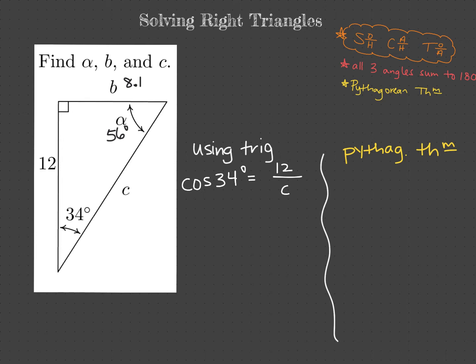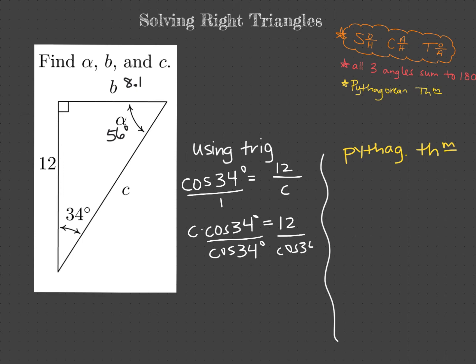Now in this case, we are solving for C and the variable is in the denominator. So once again, I'm going to put the cosine of 34 over 1, and I'm going to cross multiply. So we'll get C times the cosine of 34 degrees equals 12 times 1, or just 12. Then we'll divide both sides by the cosine of 34.